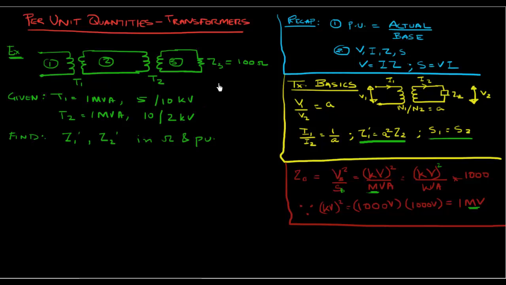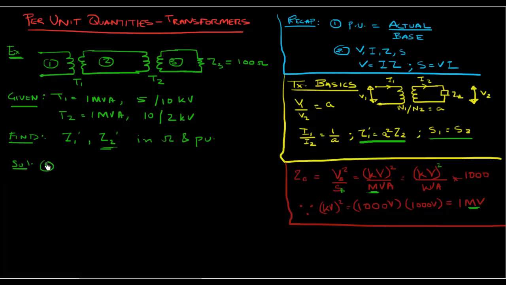Z2 prime is basically this impedance as seen in this circuit, and Z1 prime would be this impedance Z2 prime as seen on the primary of this transformer, so on circuit 1. So we are asked to find that in both ohms and in per unit. So let's see how we can go about doing that.